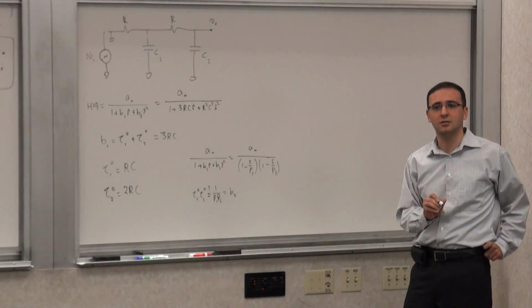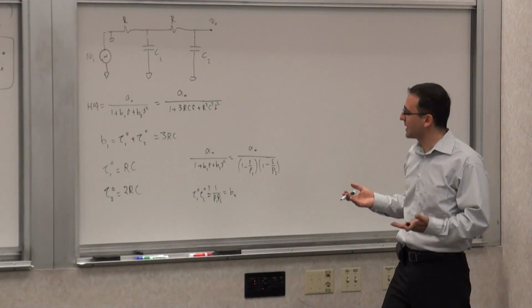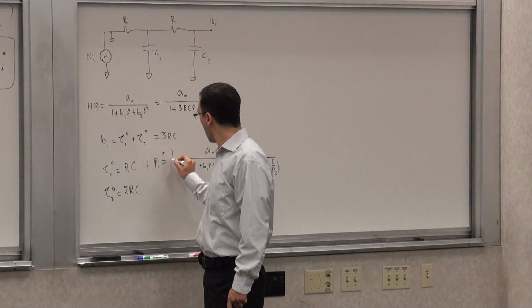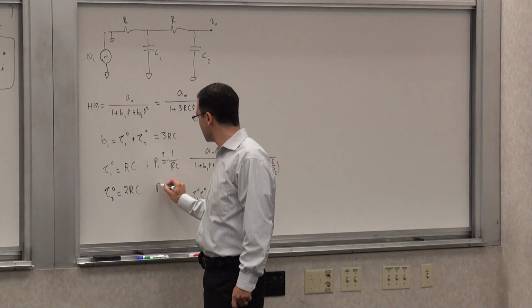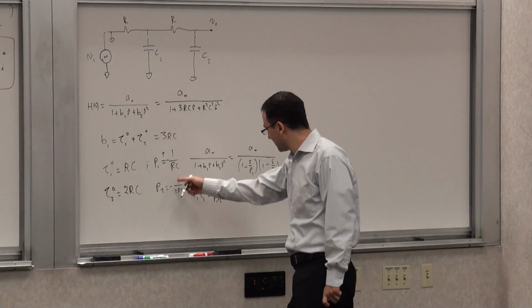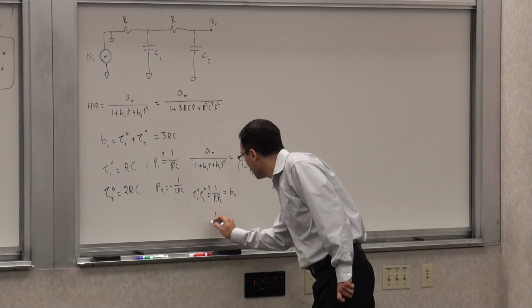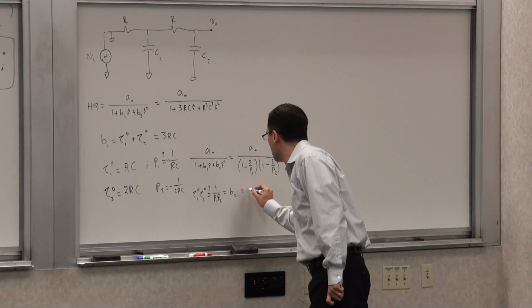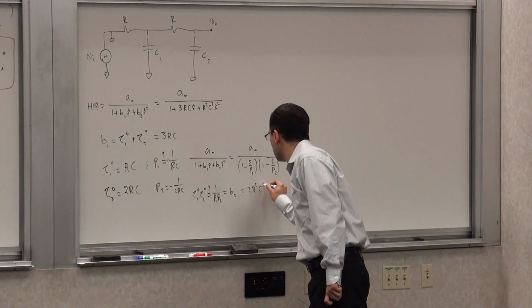And let's see if it's true or not. If the individual poles were just 1 over time constant, so if P1 was minus 1 over RC, and P2 was minus 1 over 2RC, then B2 should be the product of the two, which basically becomes 1 over 2R squared C squared.